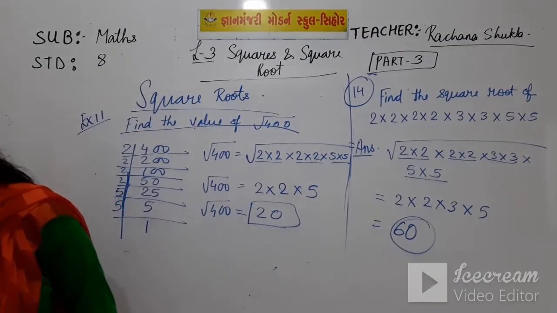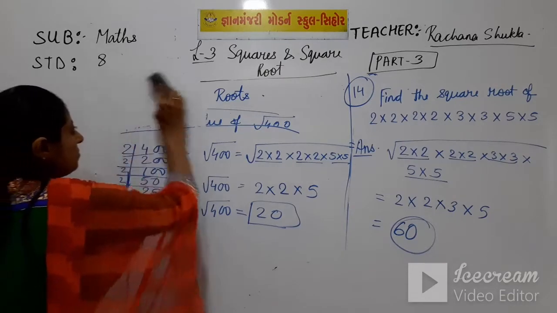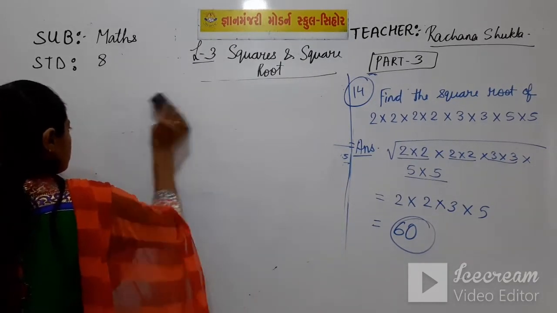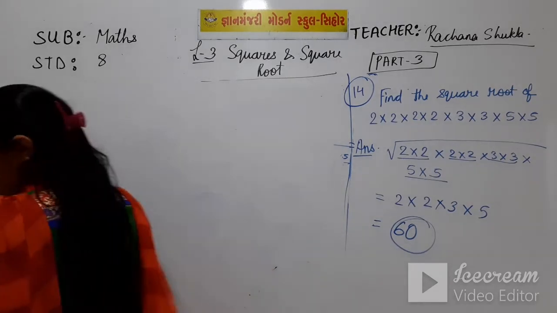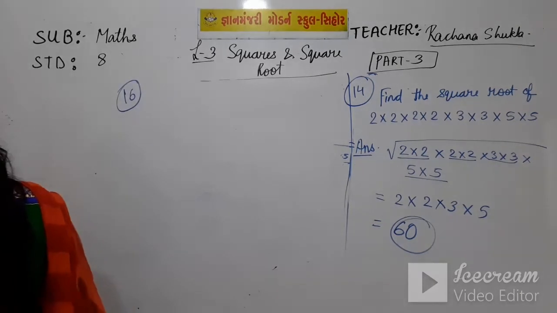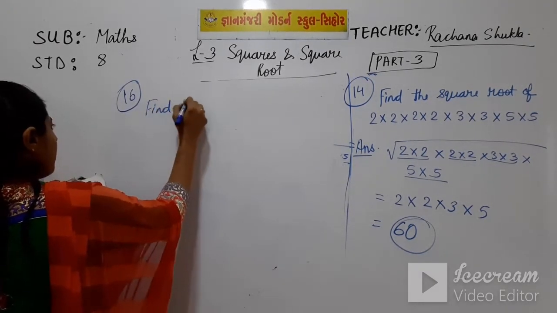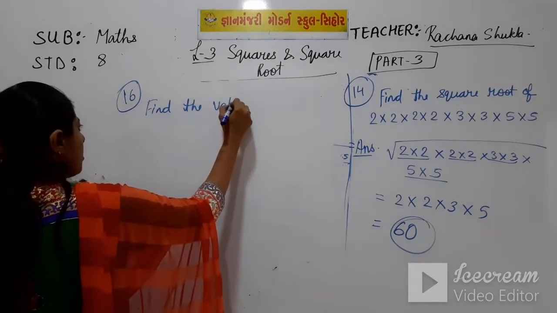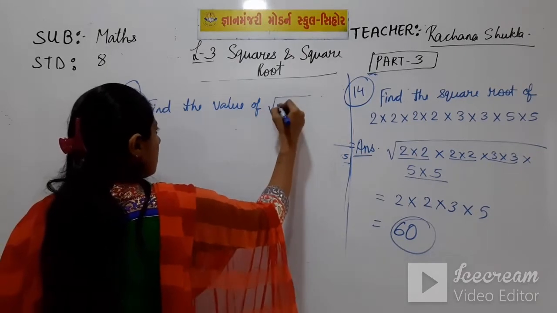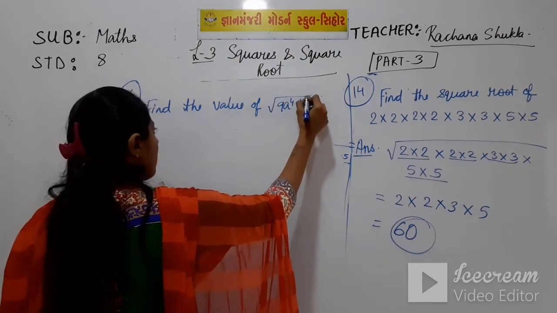Now the next question, example 16. Your example 16 is: find the value of root 9 a to the power 4 b to the power 8.